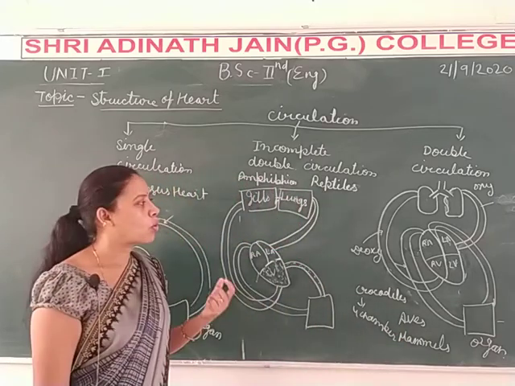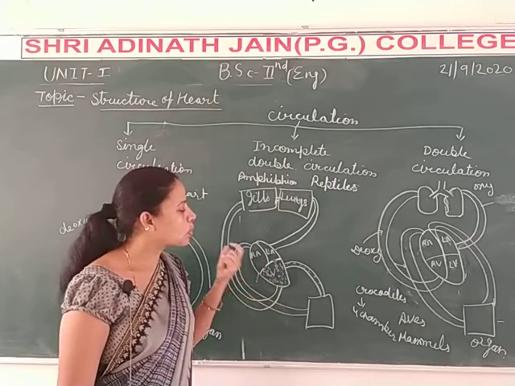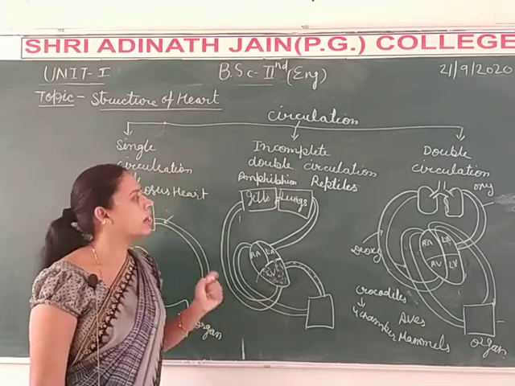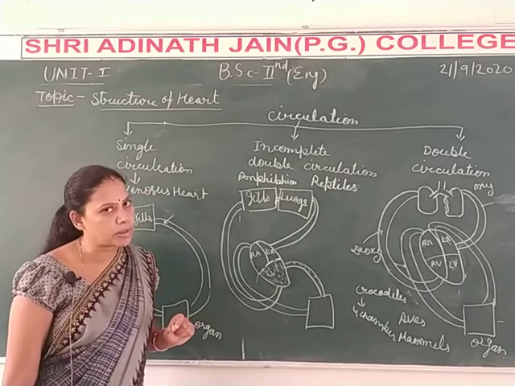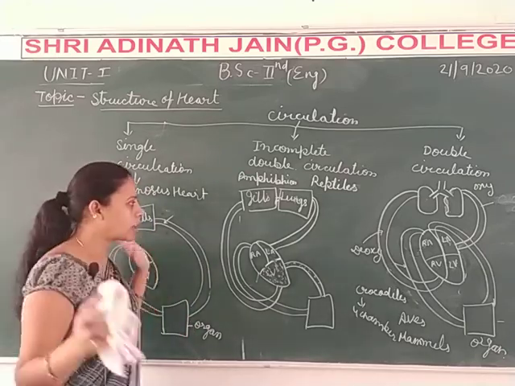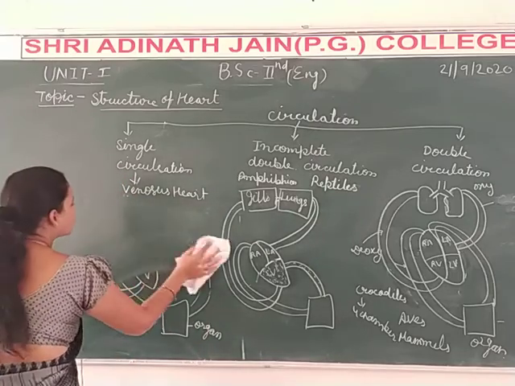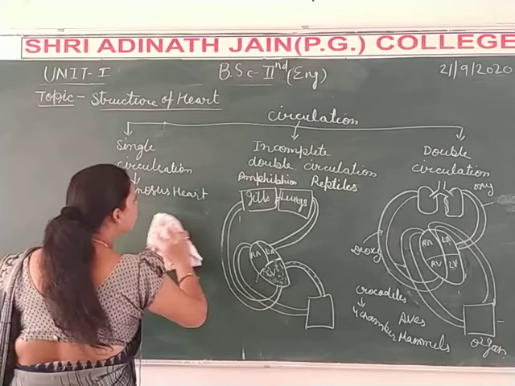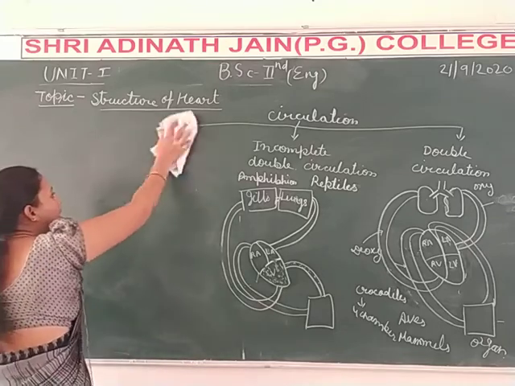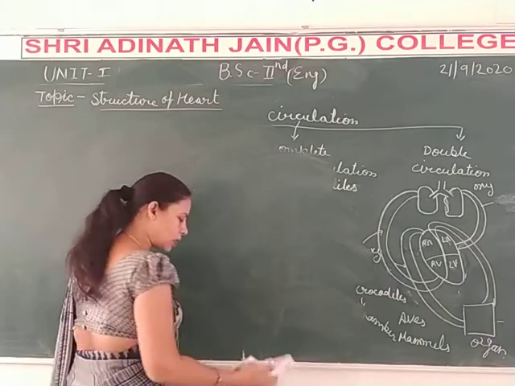That's why the crocodile has double circulation. So the crocodile is an exception in reptilian animals. So now this is the circulation. I hope you have understood the single circulation, the meaning of venous heart, the incomplete double circulation and double circulation.